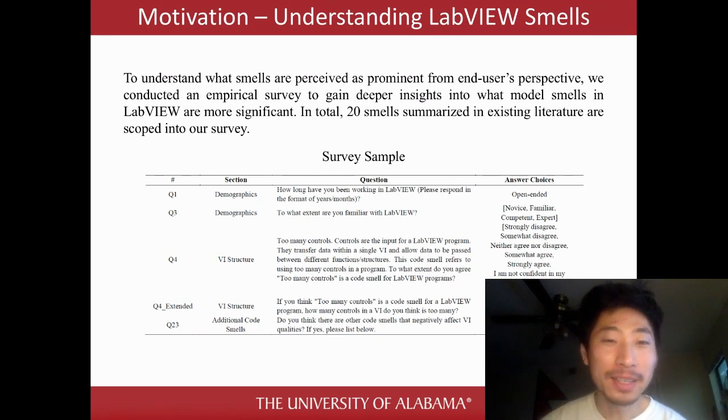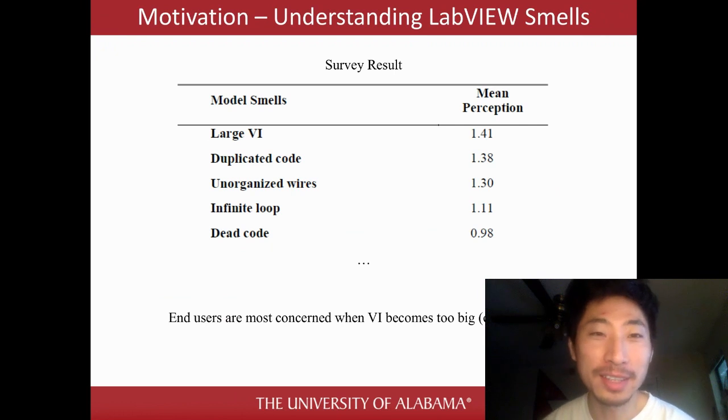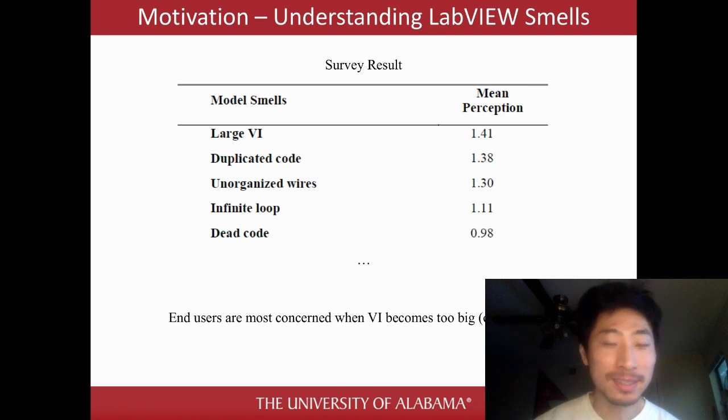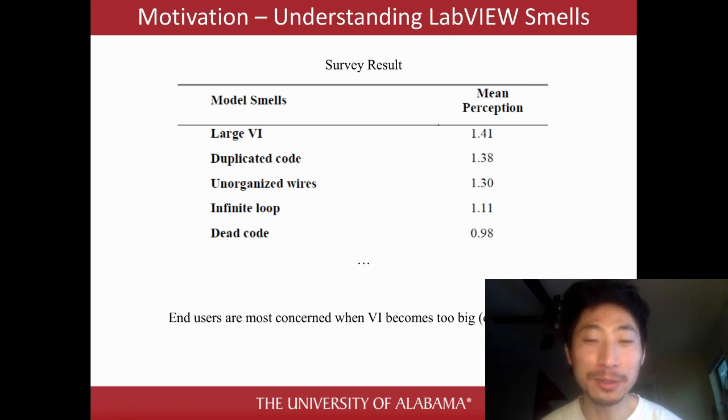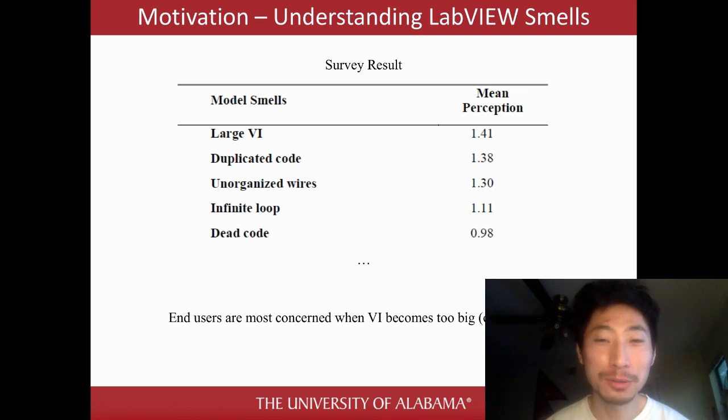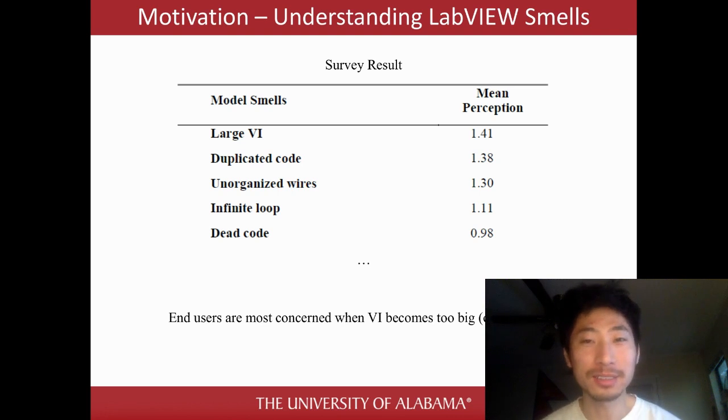And the result shows that most users are most concerned when the LabVIEW model, also known as VI, becomes too big. We further asked the users what it means when VI becomes too big, and the result shows that when VI becomes too complicated, they think the VI is very hard to understand.